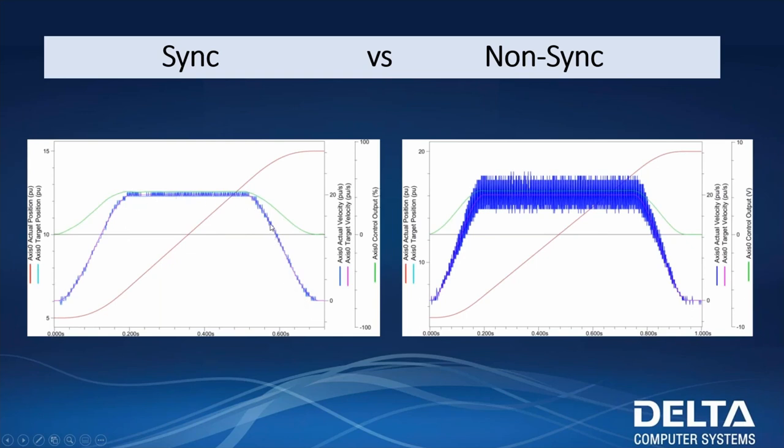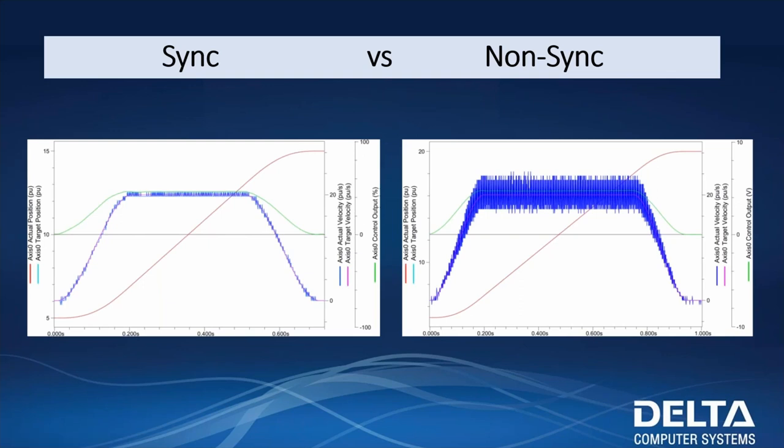You can see with the synchronous example, the actual velocity is fairly steady. There's a little bit of noise, but it's nothing really crazy. You can see here with the non-synchronous version, your velocity is jumping all over the place. Your position is still fairly steady, but your velocity here, it starts to cause us some issues.